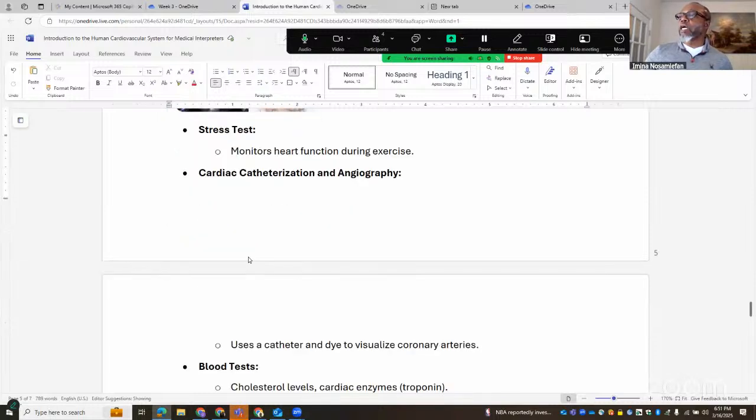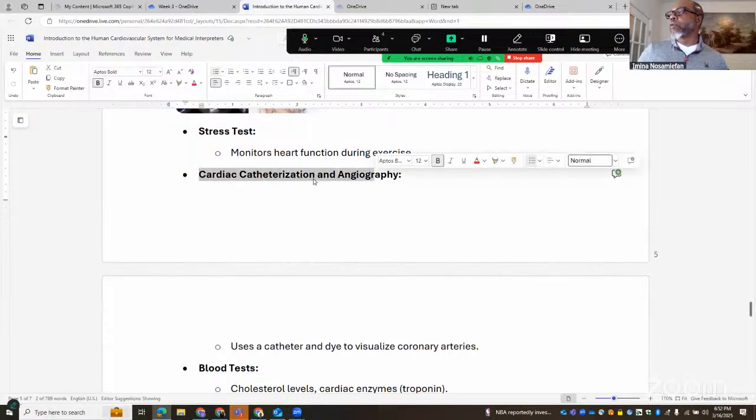Then there's cardiac catheterization and angiography. Let me show you in a second.